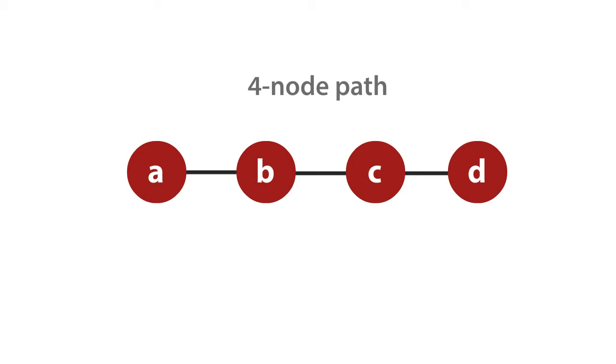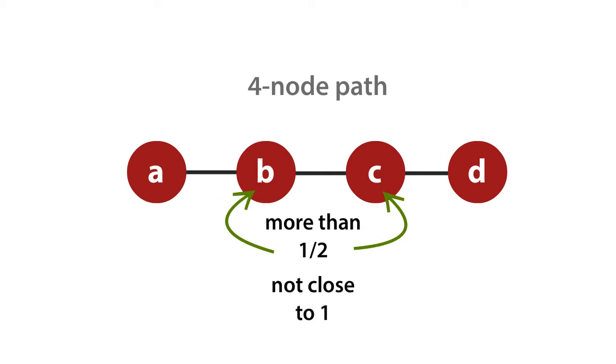So what you typically see here is 2 exchanges between A and B and between C and D, and B and C get more than either A or D because they do have some alternatives, so they get more than a half, but what they get is not close to 1. They are more powerful, but not completely powerful.